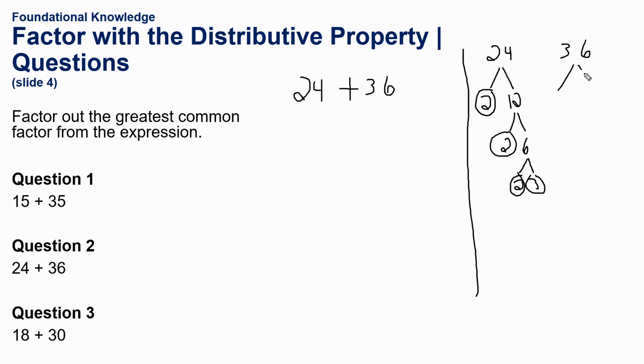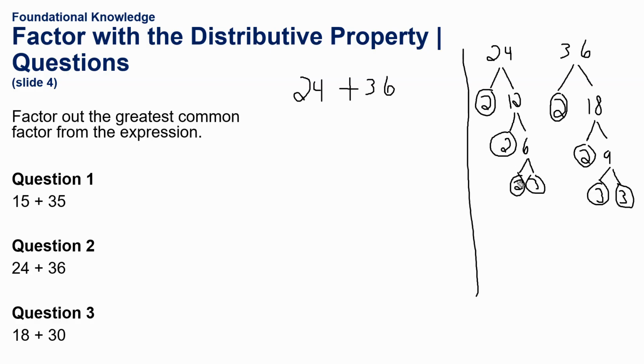For 36, we then have 2 and 18. 18 can be factored down to 2 and 9. And then 9 can be factored down to 3 and 3. Okay, so at this point now, let's go ahead and line up our columns.